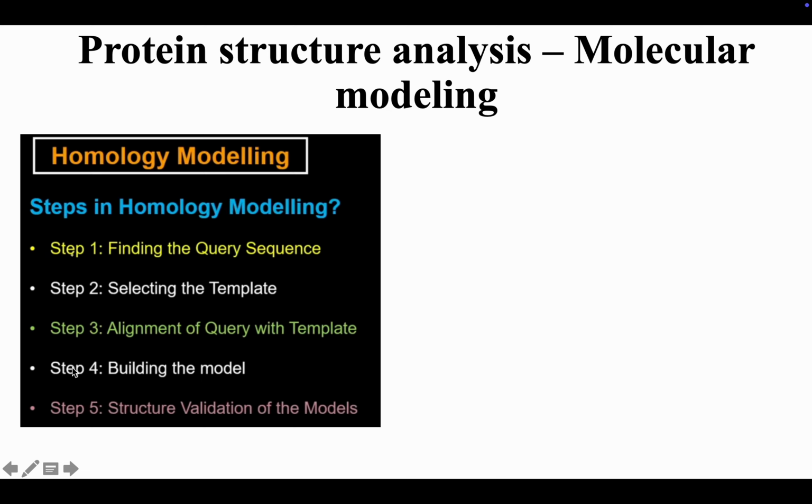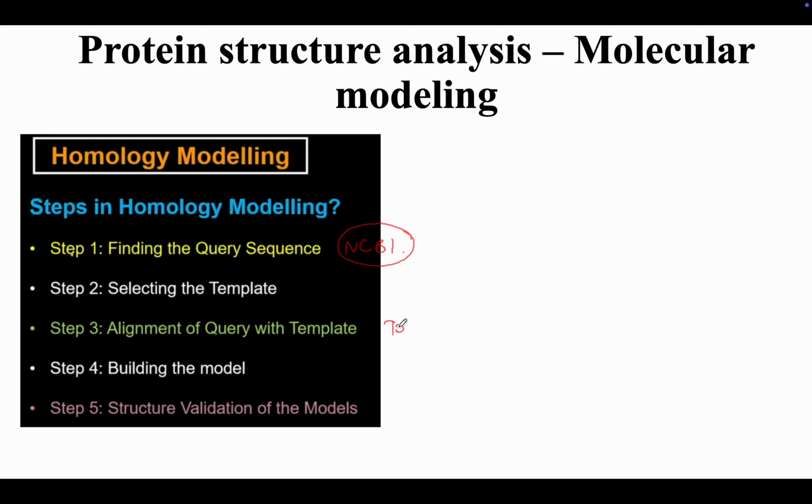So these are the steps used in homology modeling. We first need to find the query sequence. We can use different tools like NCBI databases, and there are different databases available for different proteins. NCBI is one of the most used databases. Then we'll select the template, and then we can align the template.